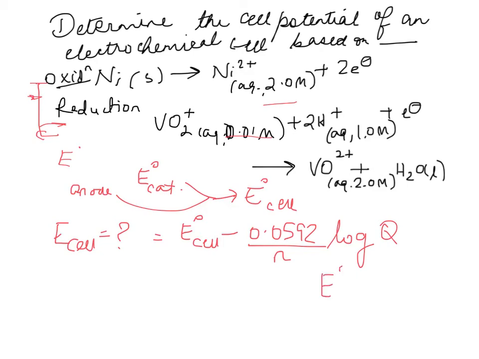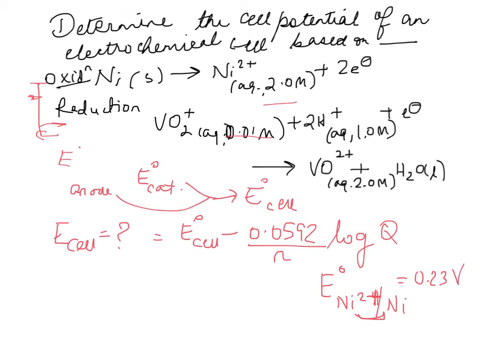E naught for Ni 2 plus, 2 electrons, Ni is given as negative 0.23 volts. So that's my oxidation reaction, written as reduction. Notice here I'm showing you Ni 2 plus plus 2 electrons giving nickel, which means gain of electrons. But like I said, these are always written by convention as reduction potential values. We've discussed this in really good detail in previous videos.